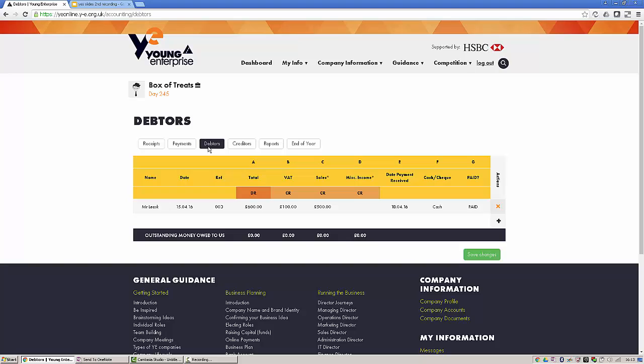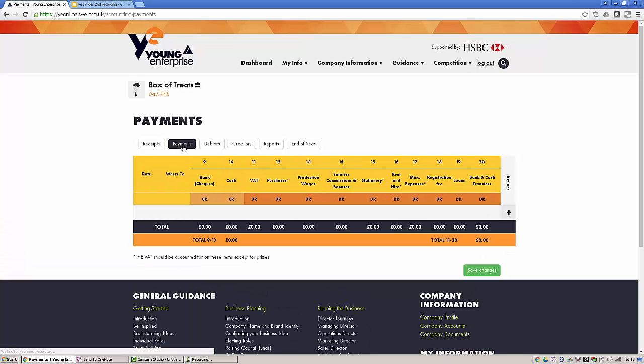So now that's us dealt with the sales, let's have a think about the other side. So let's think about how we can record the payments that we have to make. So for this, we'll need to go to our payments option. Okay, so just like our receipts, where sometimes we received money and sometimes we made the sales on credit and we received the money later, with our payments, it's just going to be the opposite way around.